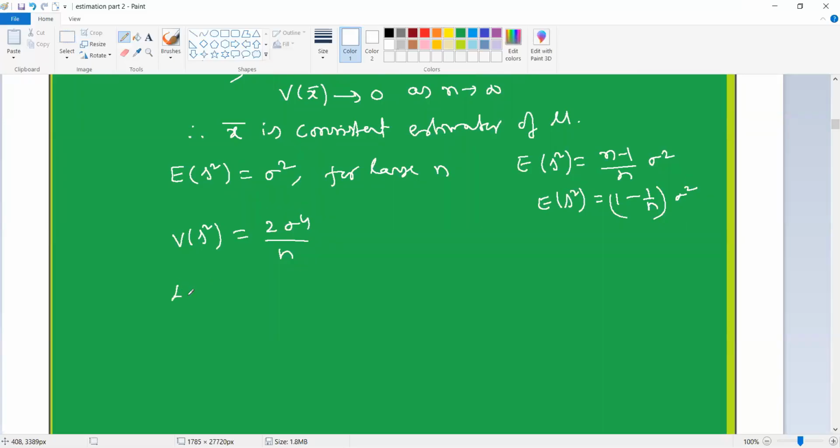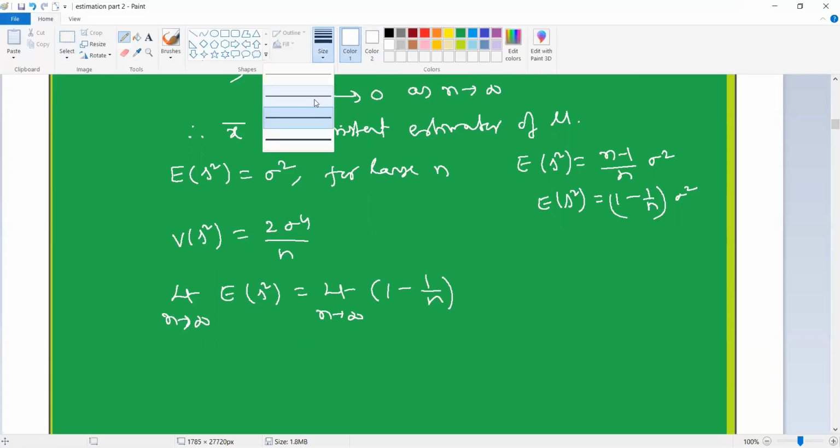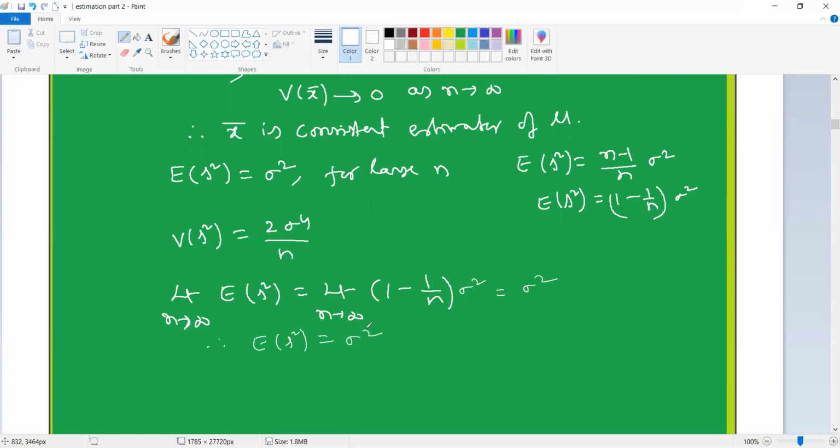Now, limit as n tends to infinity, expectation of s square is equal to limit of (1 minus 1 by n) sigma square, which as n tends to infinity is equal to sigma square. Therefore, expectation of s square is equal to sigma square.